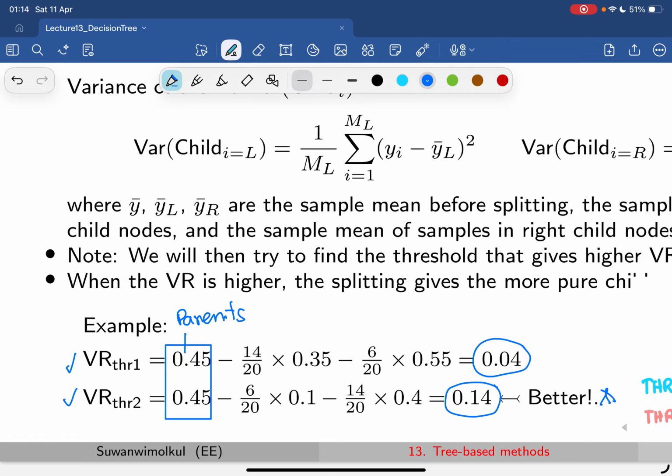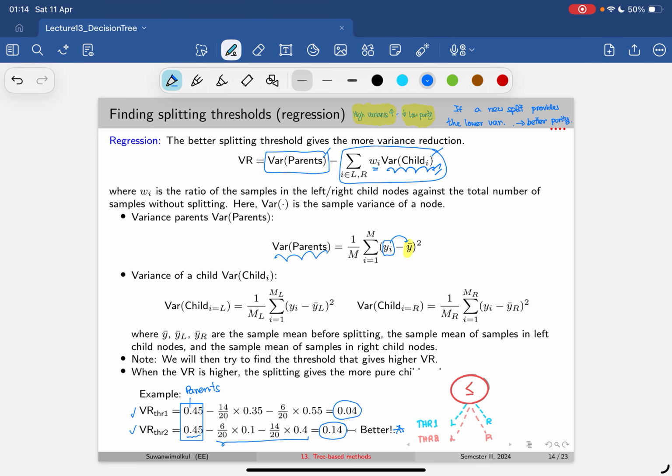So of course this one is going to be better because it gives you a lower variance than your parent. That is a better splitting to move forward with, and it will give you higher purity because the variance is lower, therefore higher purity towards the end of your algorithm. So that is how purity is being used.